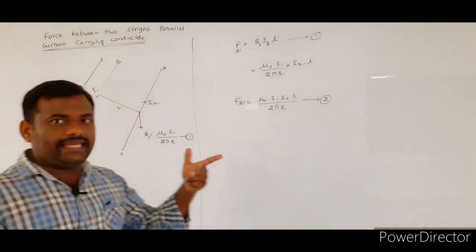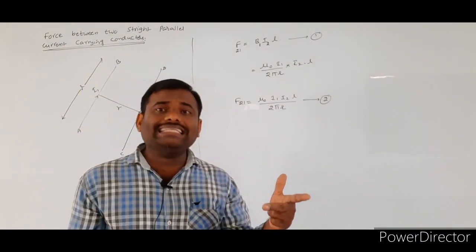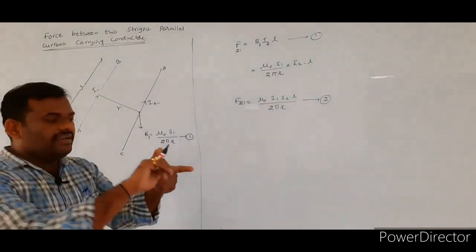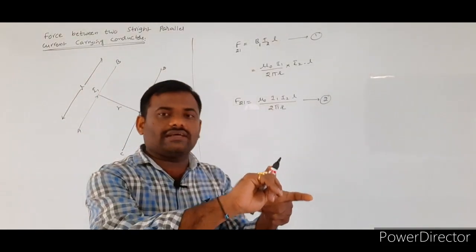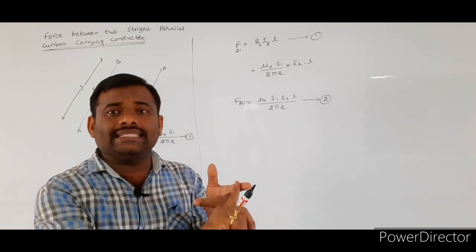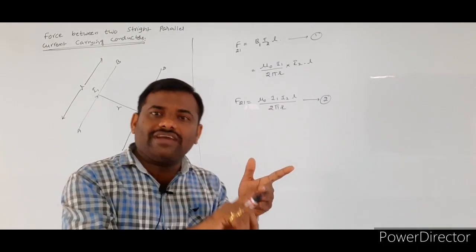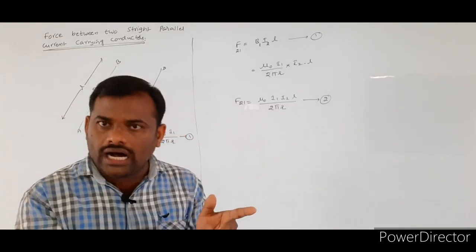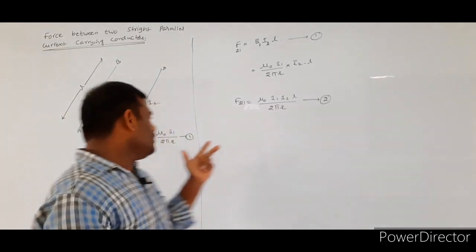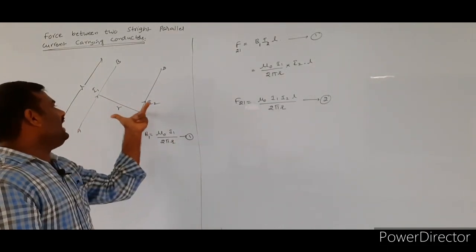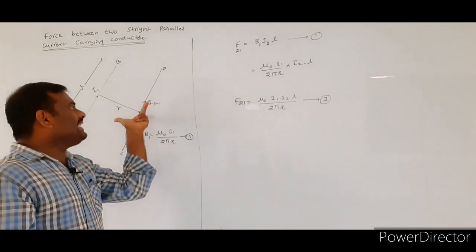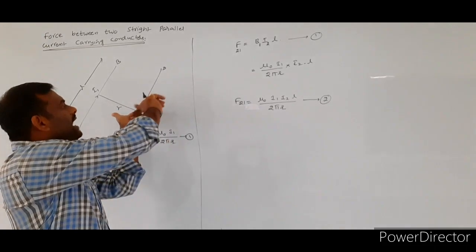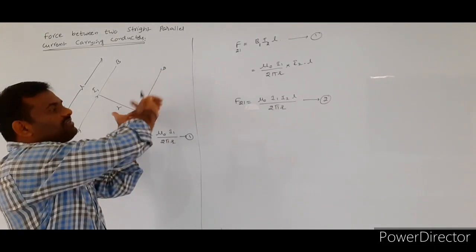If you apply Fleming's left hand rule, here the thumb represents the force, the forefinger represents the direction of the magnetic field, and the middle finger indicates the direction of motion of the charged particle or the direction of the current. So here the field will be acting into the plane of the paper, and the middle finger is in the direction of the flow of the current.